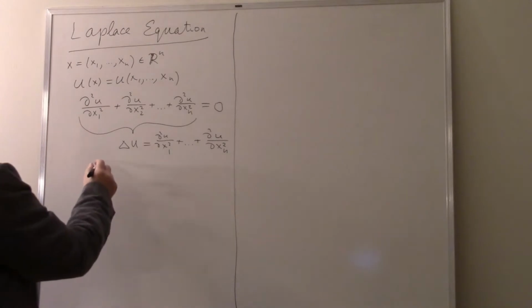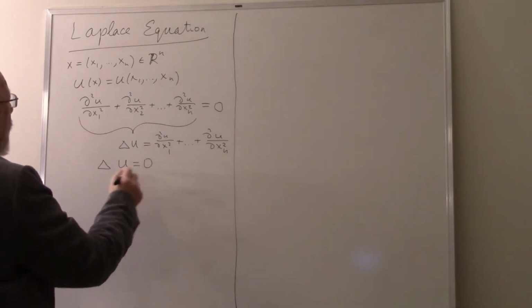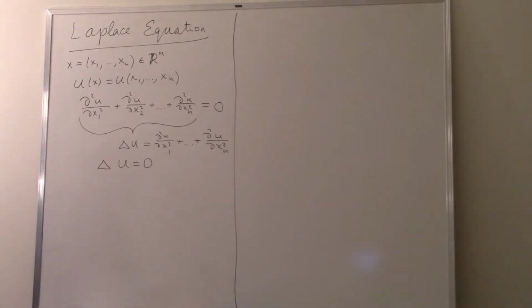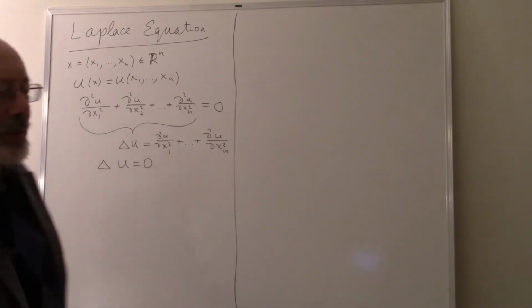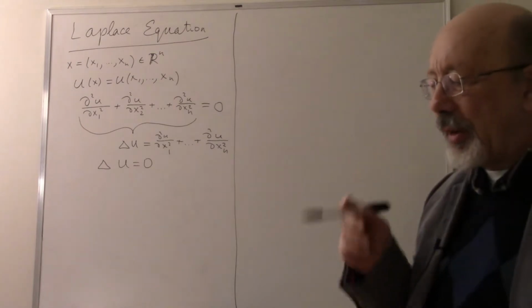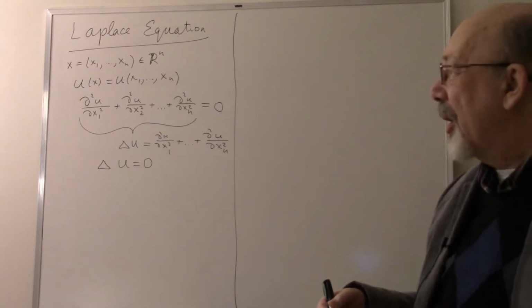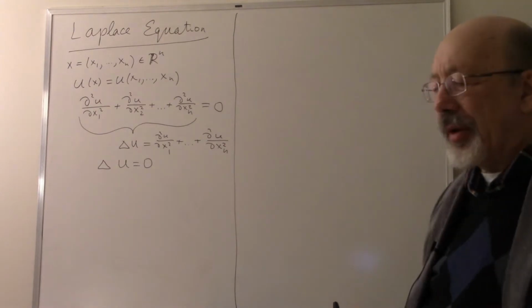And so our equation is delta u equals 0. It is capital Greek delta, and this operator delta is also called Laplacian. It is a noun, Laplacian. Laplacian operator, or Laplacian of u is 0.